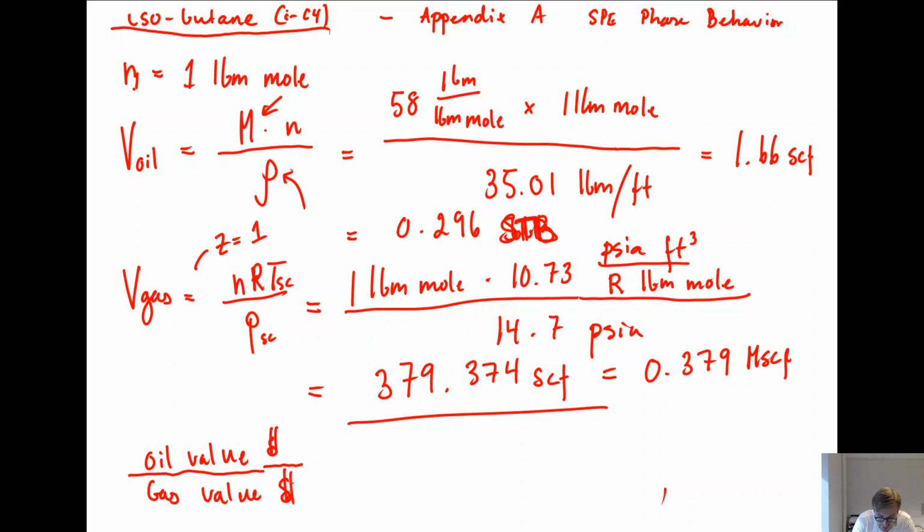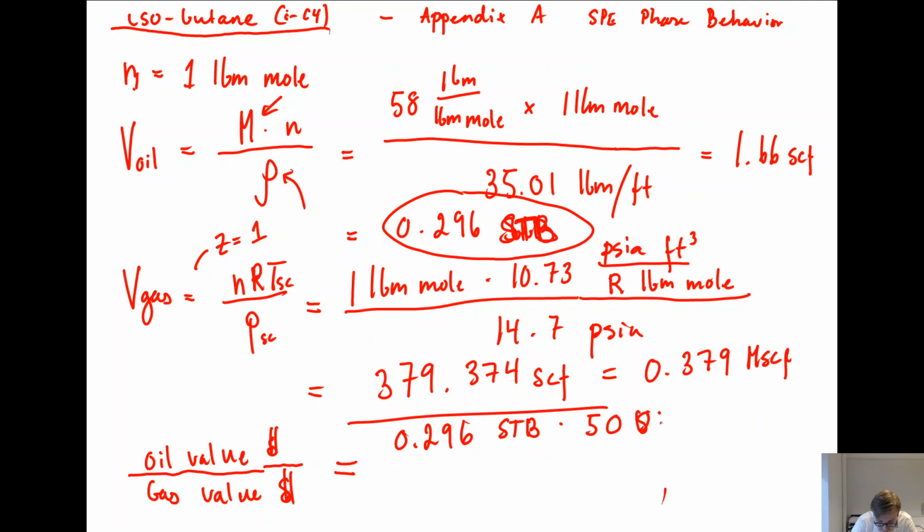And to do that, we have the oil value. Then we need to, okay, what's the oil volume that we can get from 1 pound mole? That's given right here. So that's 0.296 barrels. And then we have to pick some kind of oil price, and I'll just pick 50 USD per barrel. And then we'll simply divide that by the gas value, which will be 0.379 MCF.